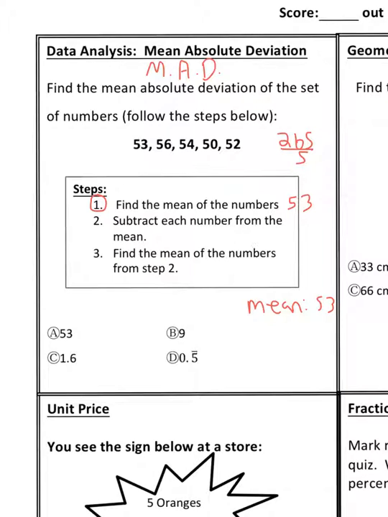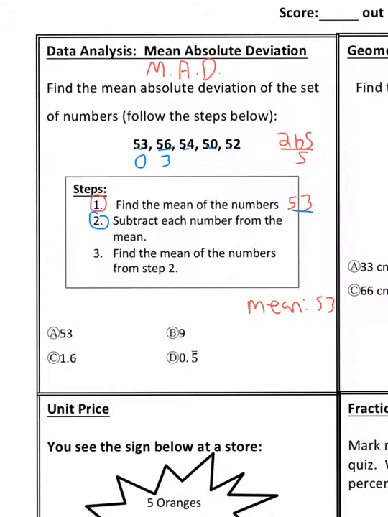In step 2, you have to subtract each number from the mean. Remember the mean is 53, so each of these numbers we have to subtract from 53. I start with the first one: 53 minus 53 is 0. It's a good idea to write these numbers down. Then 56 minus 53 is 3.